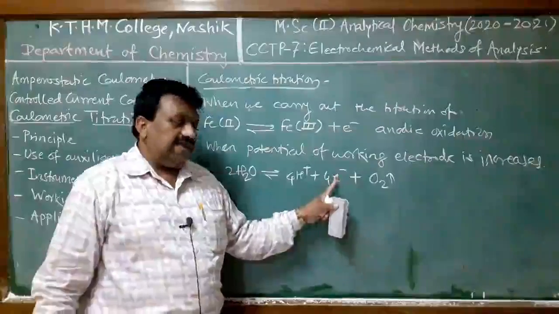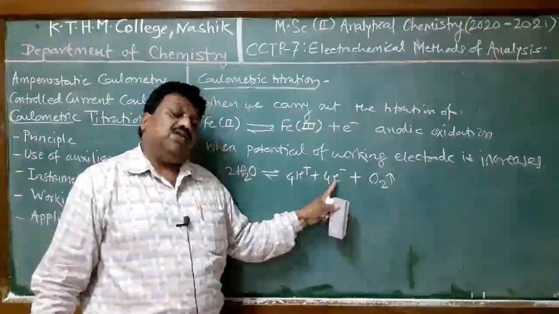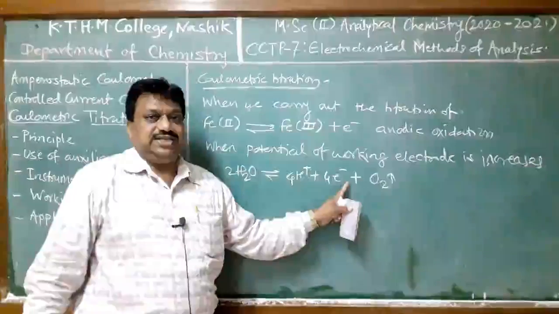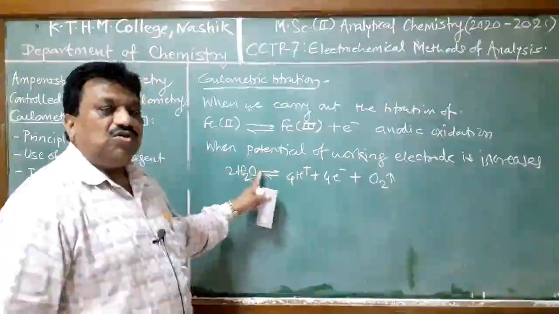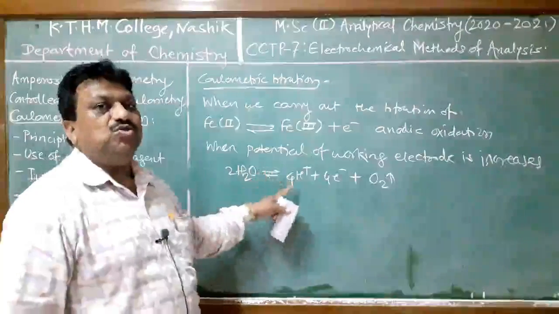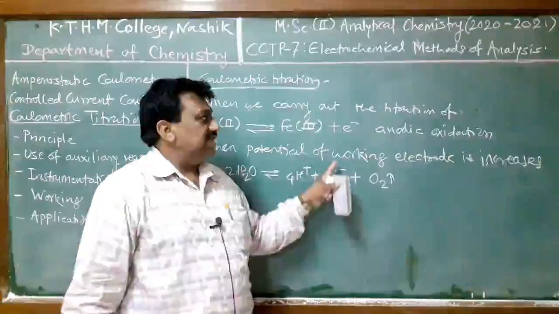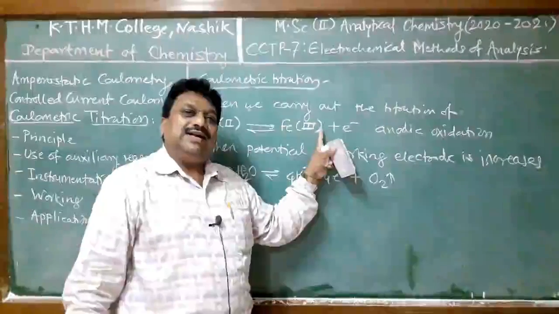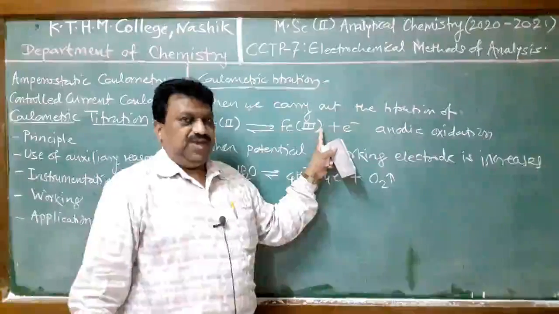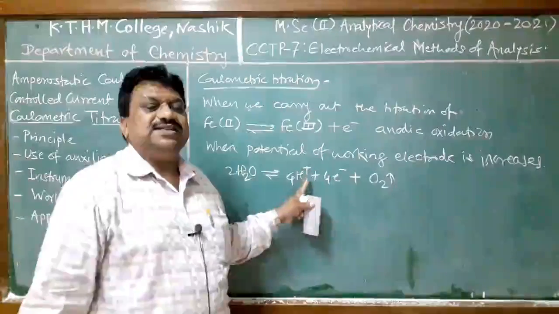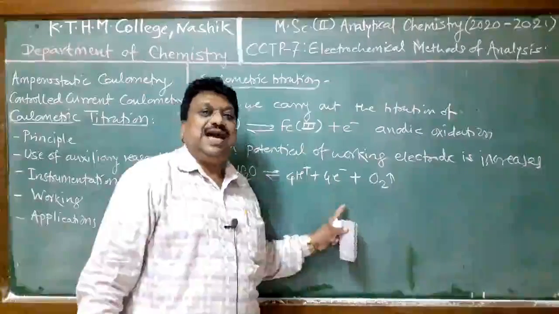At that time some electric charge is utilized for this electrolysis process, and the total electric charge is found to be more than is required for the main redox reaction. Therefore, current efficiency is found to be less than 100%.